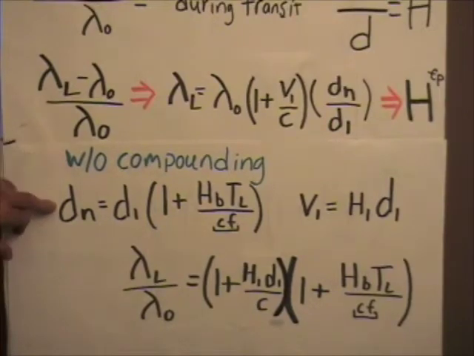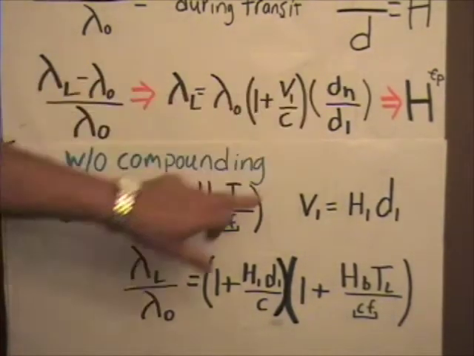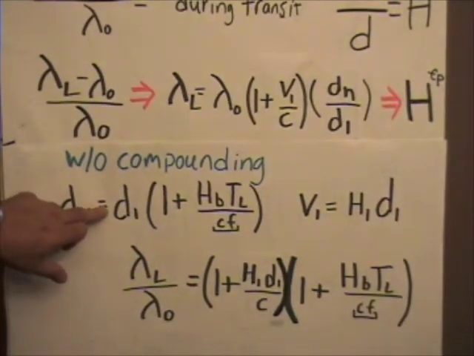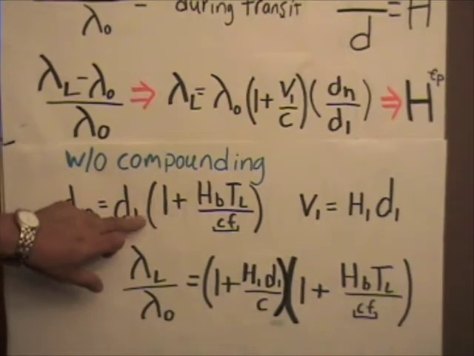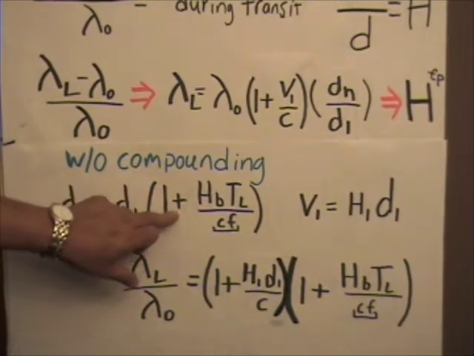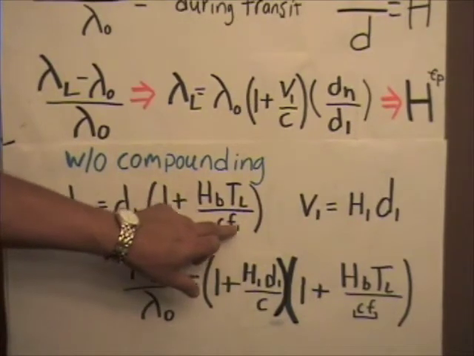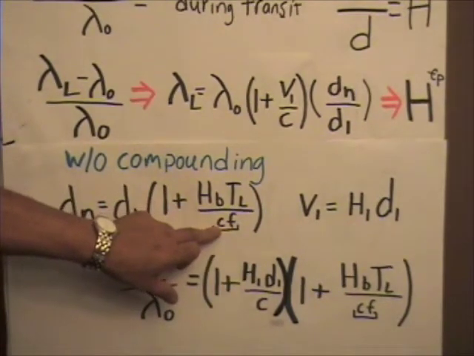And you'll recall that the formula for dn is dn equals d1 times 1 plus hb times tl over the conversion factor.